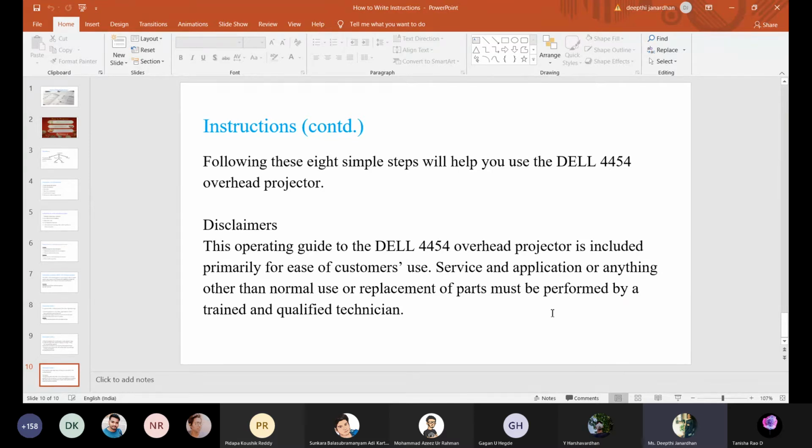What do I say? In case you are refusing to accept something, or a legal claim. See, here what happens is they say to use a trained or a qualified technician. If at all you need a replacement or something, you do not do it for yourself.